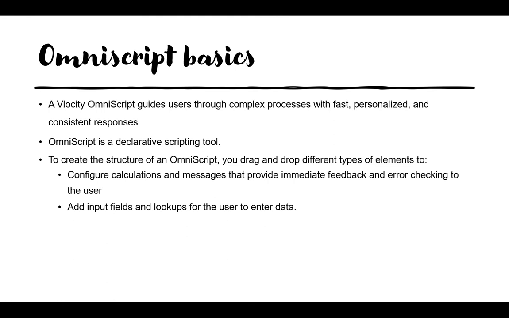For example, you can drag an element to configure a calculation, to provide a message to a user, an error message to a user, or also to add input and lookup fields for the user to enter data. So this is just a few examples of the many things that Omniscript can do.